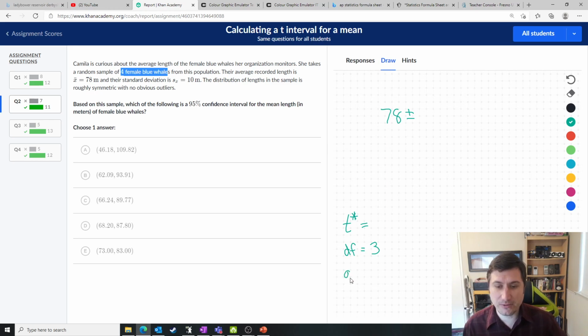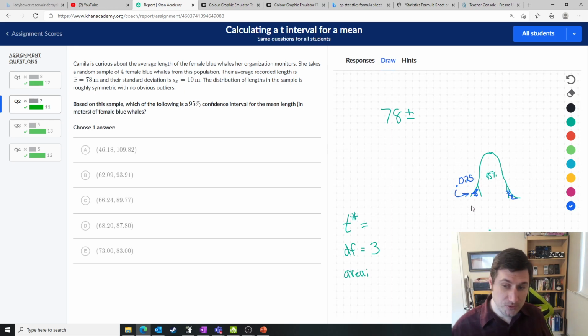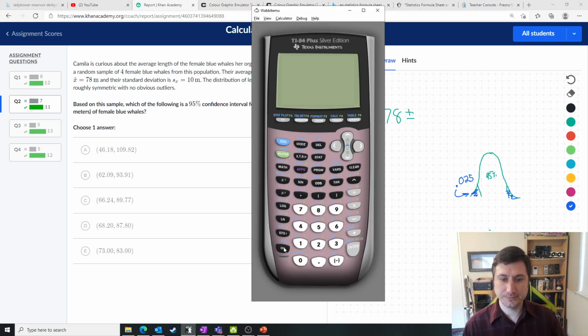Now, what is the area going to be? Well, of course, we have our normal model here. 95% is in the middle, which means our two tails are going to be 0.025. Right, 2.5% is 0.025. So I'm going to throw that into the calculator.